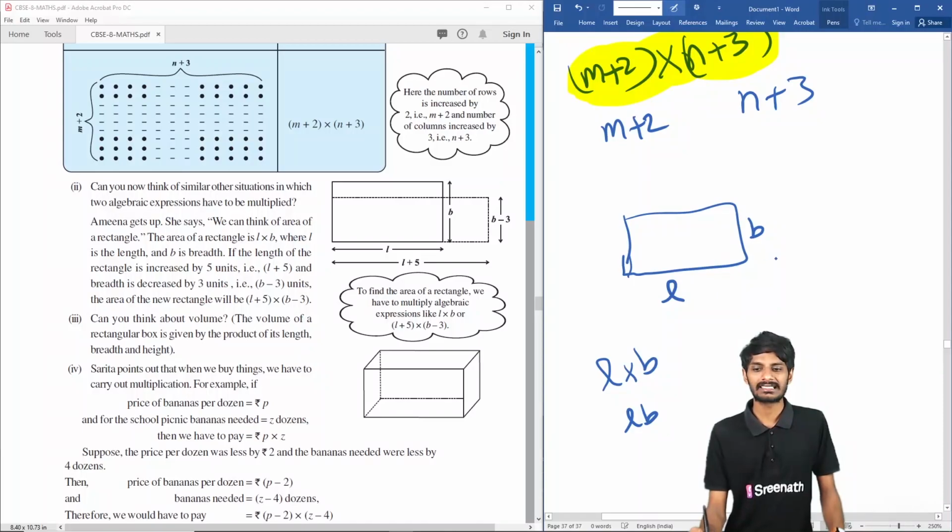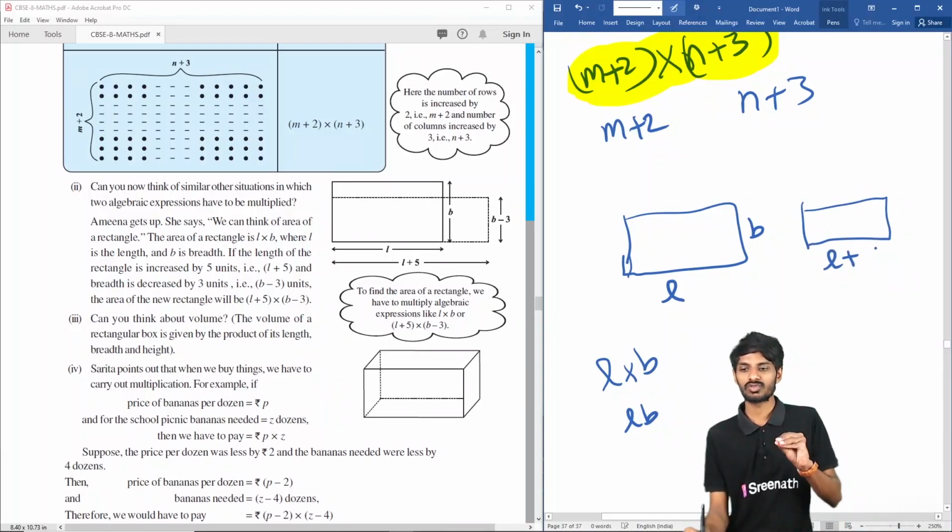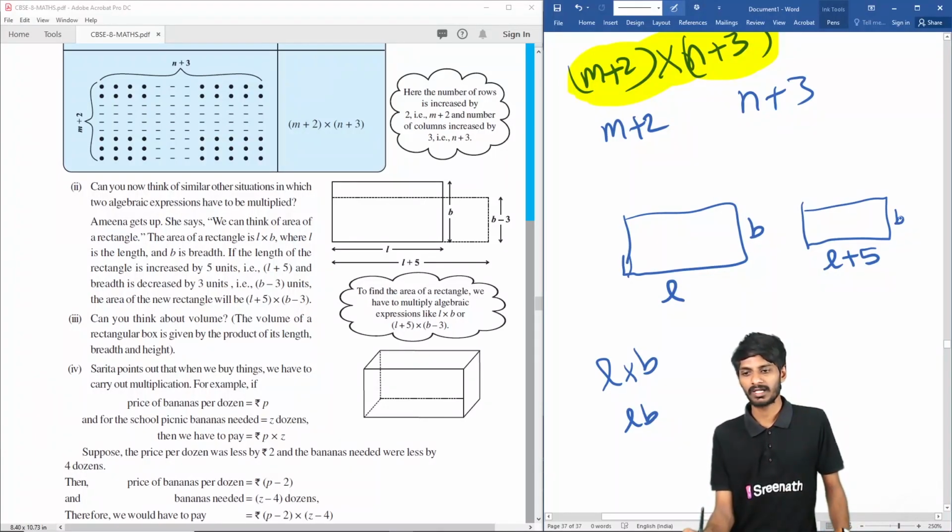Now its length is increased by 5, so it is L plus 5, and its breadth is decreased by 3, so it is B minus 3. L plus 5 and B minus 3.